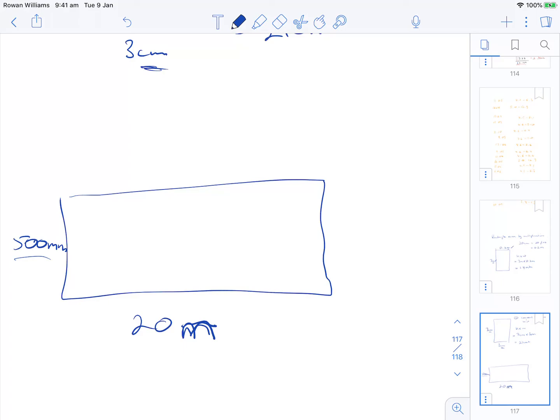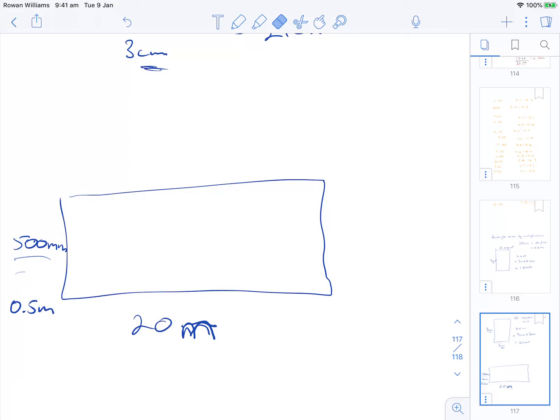Then we're going to go to centimeters, so 500 millimeters would be 50 centimeters. Then we're going to go from centimeters to meters. At least that's how I do it in my head. 50 centimeters is 0.5 of a meter. Or you can, if you find it easier, you could do 500 divided by 1000. That's how we convert from millimeters to meters.